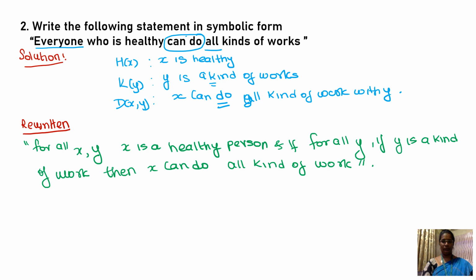Now it is quite evident how this can be written into symbolic form.